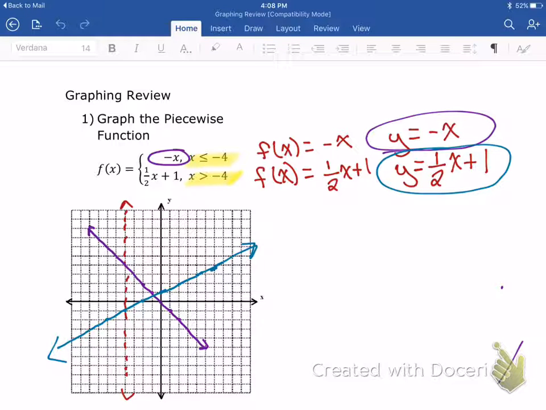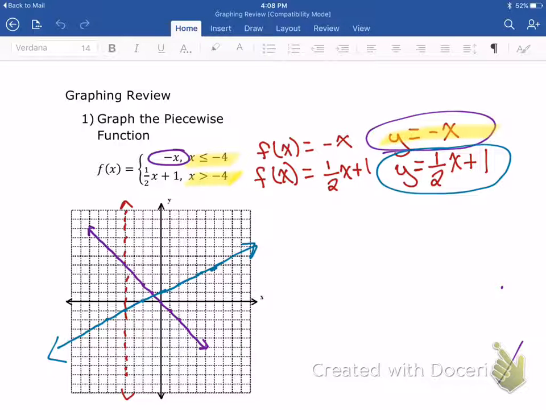So we are actually going to have to start erasing things now. When I come back and look at my first function, my y equals -x, that is only true when x is less than or equal to -4. So we are going to look right here at my line that I have drawn, and the only part that we're going to keep is the part that's less than -4.